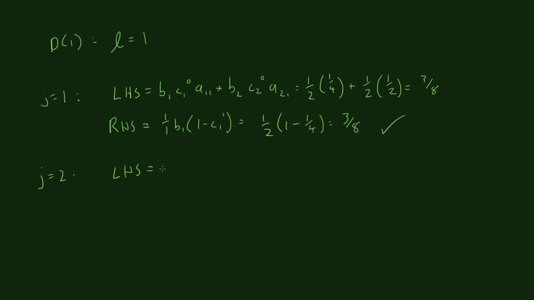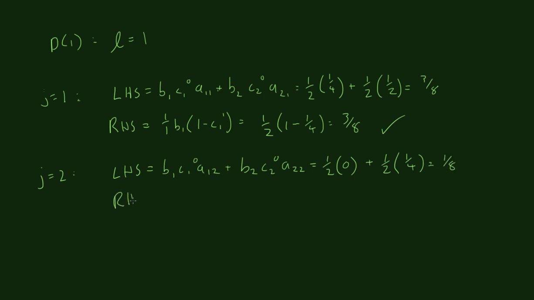We have B1 C1 to the power 0 times A12, plus B2 times C2 to the power 0 times A22. B1 is a half, A12 is 0, B2 is also a half, but A22 is 1/4. So that equals 1/8.